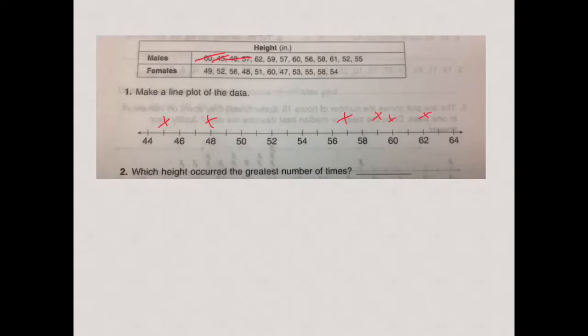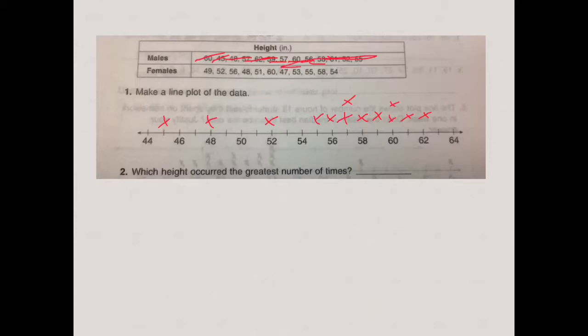You notice how right here where there's no number listed, 57, now put it right above it, 57, 60 again, 56 right here, 58 right here, 61, 52, and then 55. So I'm done with this first set of information.